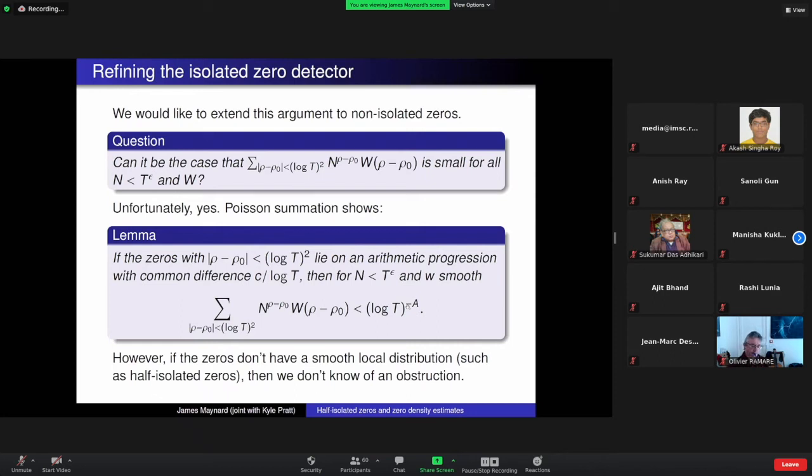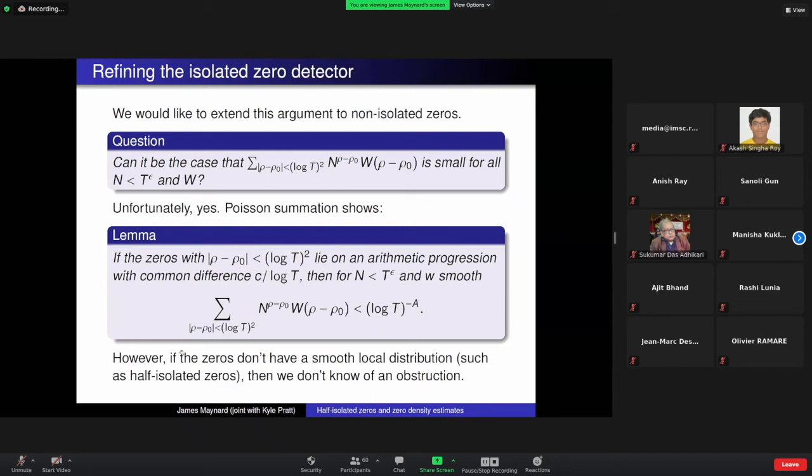However, this very much relies on the fact that you're in the middle of a very smooth local distribution. And if there's somehow a discontinuity in the local distribution of zeros, such as the case with half isolated zeros, where zeros lie above, but they don't lie below, even if they lie in an arithmetic progression above, this whole obstruction goes away.